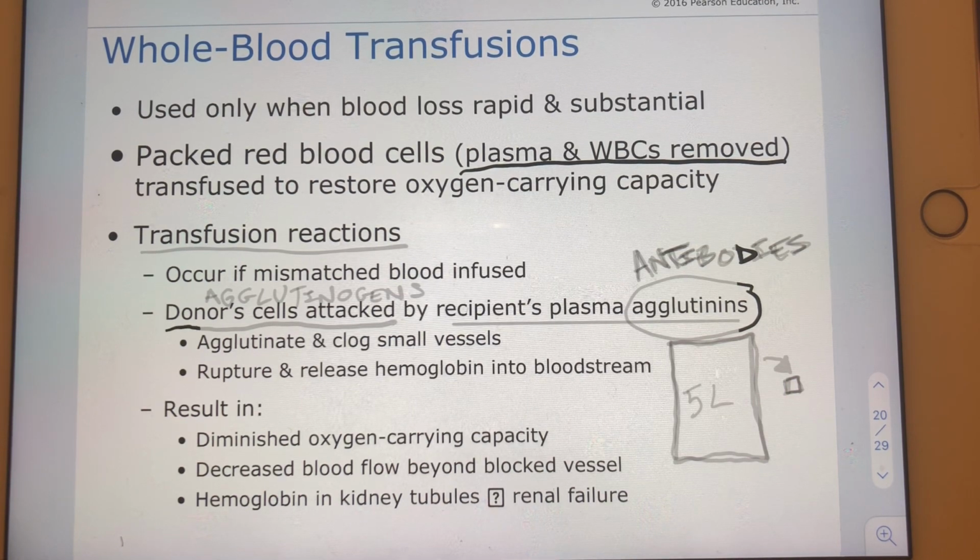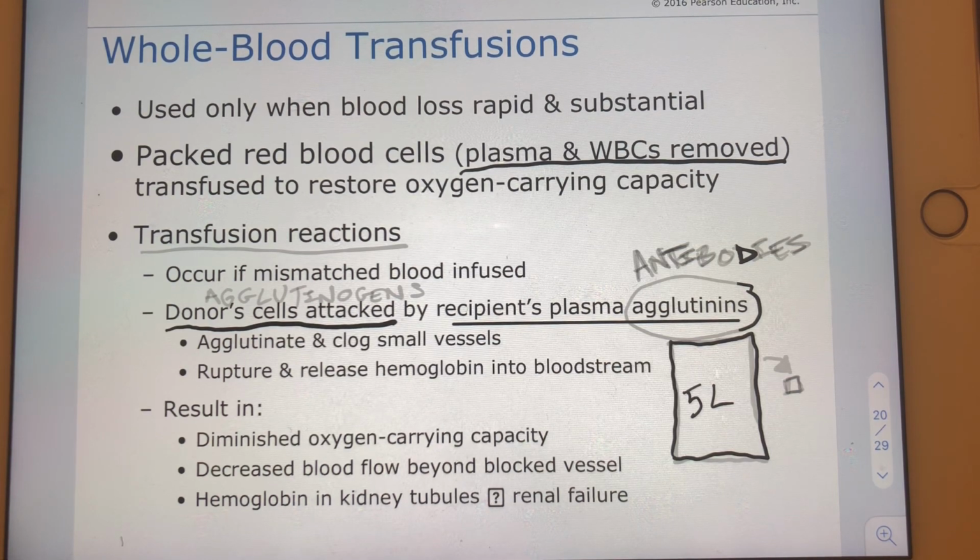If a transfusion occurs, it's so important that you understand what's happening. The donor's cells, those cells that are donated, are being attacked by the recipient's antigens or agglutinogens, okay? Now, here's one way to think of it. Let's say that this box represents the 5-ish liters of blood of the patient, meaning the recipient.